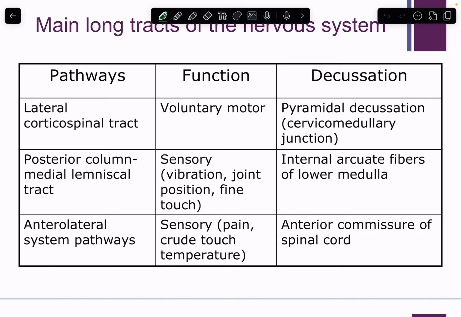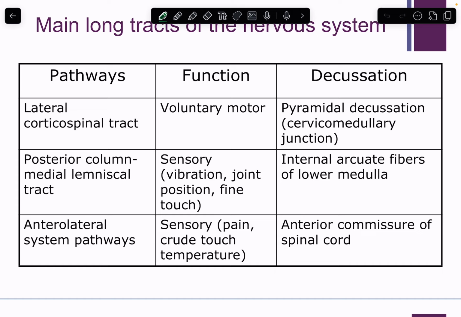If there is a lesion in the posterior column medial lemniscal tract that is above the medullary decussation, like in the brainstem or brain, it will cause loss of fine touch, vibration, and proprioception on the opposite side of the body. But if the lesion is below the decussation, below the crossing over, in the spine, it will lead to sensory loss on the same side as the injury. So just look at where the decussation is.